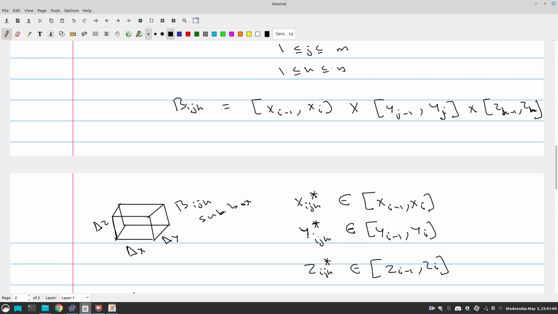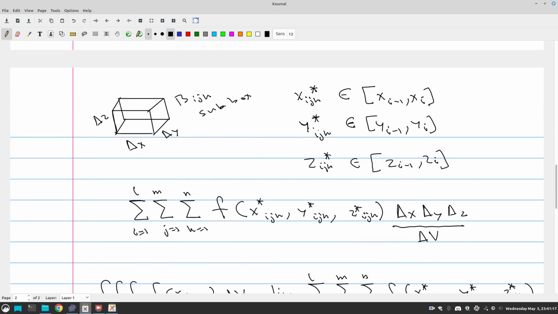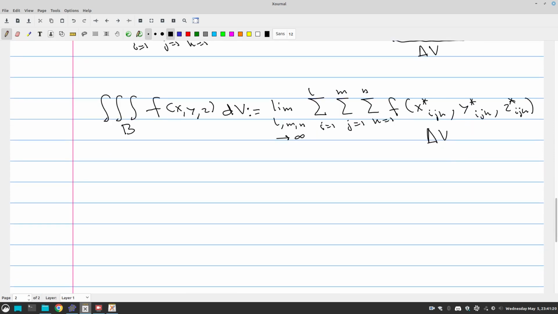So it does not really matter which point I pick inside the interval. I could pick x_{i-1}, I could pick x_i, any point in the interval. So I could choose any sample point in the subbox. It doesn't necessarily have to be x star ijk.